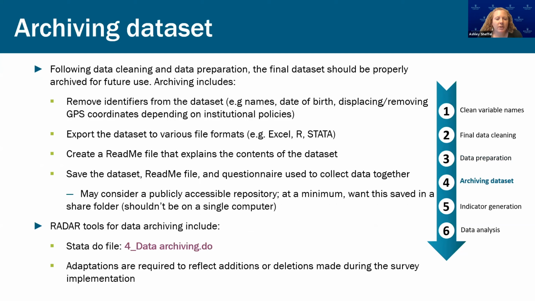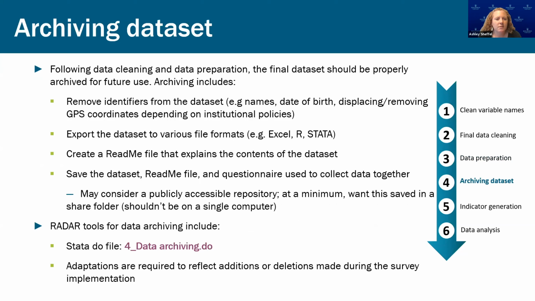So once your data preparation is complete, the next step is usually to do some data archiving. You now have a data set that's cleaned, your data preparation is complete, you have a final data set, and generally we recommend doing data archiving so it can be properly used in the future. So archiving generally includes removing any identifiers from the data set.